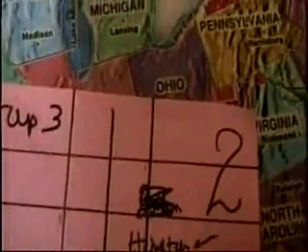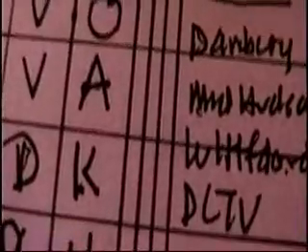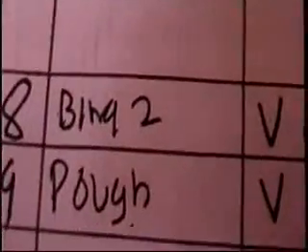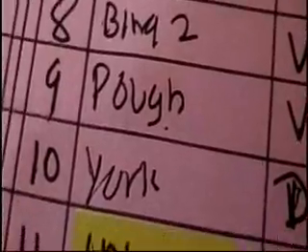Here's Group 3 with the distribution listed. Over here. Binghamton, the second half hour, 9:30 p.m. Friday. Poughkeepsie, Yorktown.